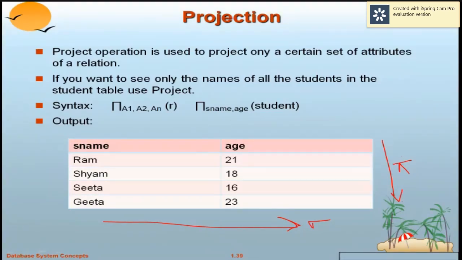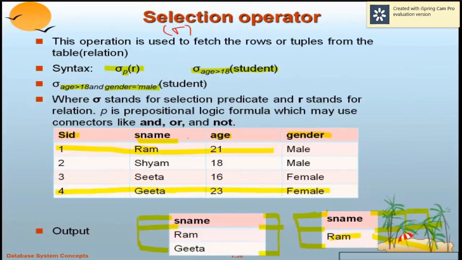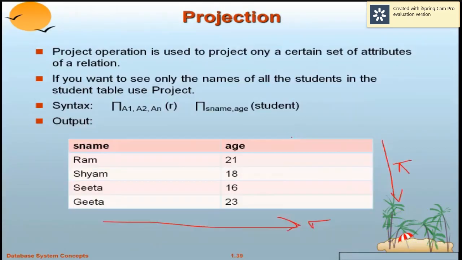Now let's directly go into the example. I have the same table, so I'm working with projection operator on the same table. I have SID, name, age and gender in student table, and now I'm writing pi of name and age from student table.